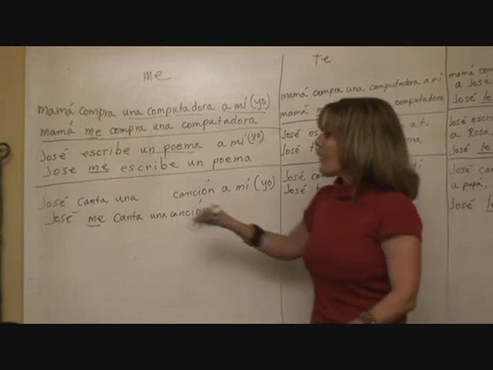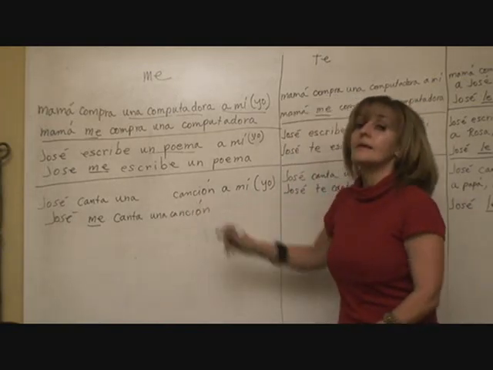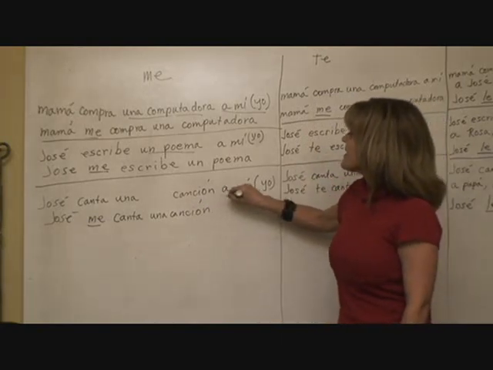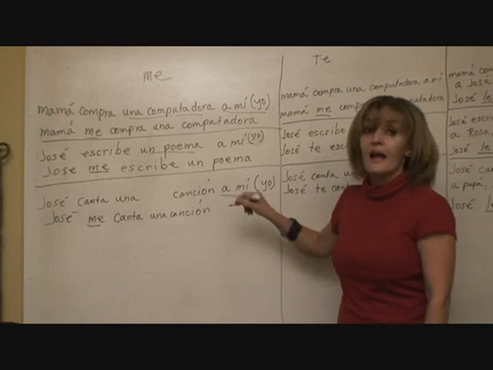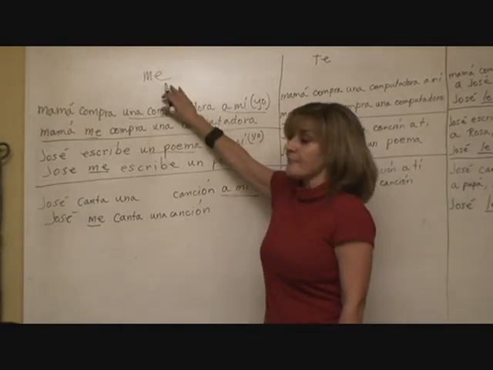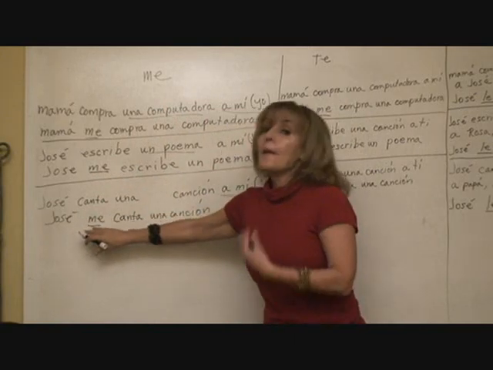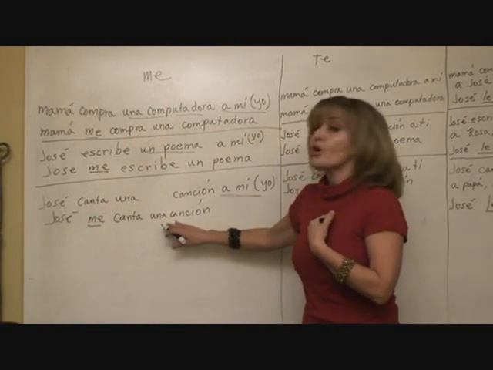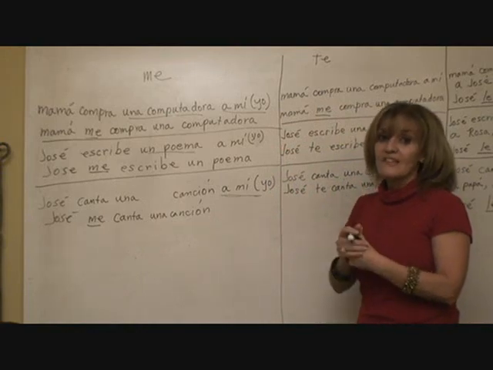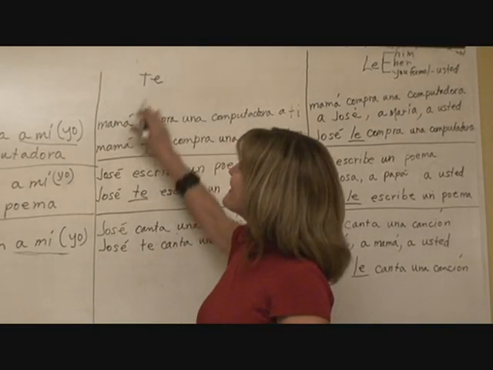A mí, me. Where is the song going? It's going to me. So now, this, a mí, is the indirect object. The indirect object pronoun is me. José me canta una canción. That was easy, huh? Let's move over to te.